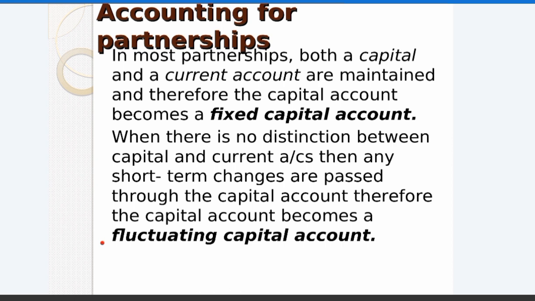But when there is a separation between the long-term interest and the short-term interest, the capital account will be fixed. It doesn't fluctuate. However, it will depend on the size and the policy of the partnership to decide whether they maintain a fixed capital account or a fluctuating capital account.